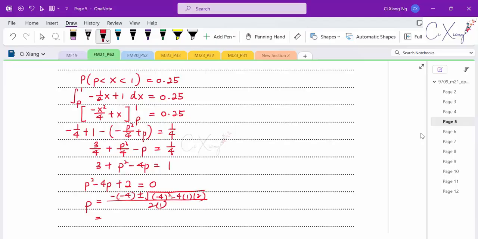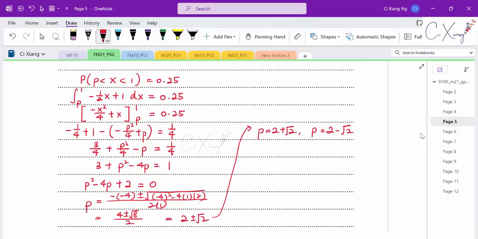If I further simplify everything slowly, I will have 4 plus minus square root 8 divided by 2. Then if I simplify further, I will have 2 plus minus square root 2. So from here, you have two values of p: p equals 2 plus square root 2, and also p equals 2 minus square root 2.